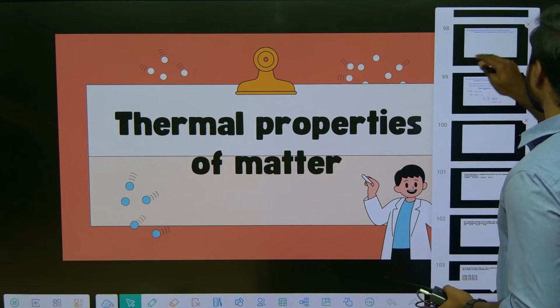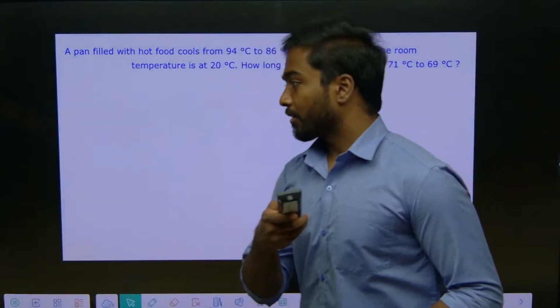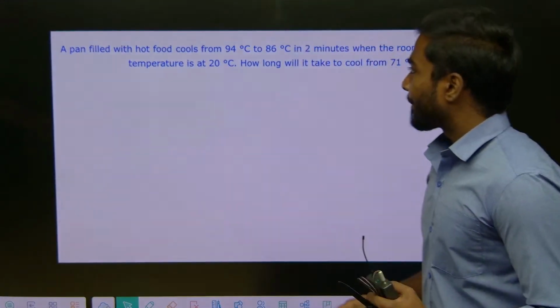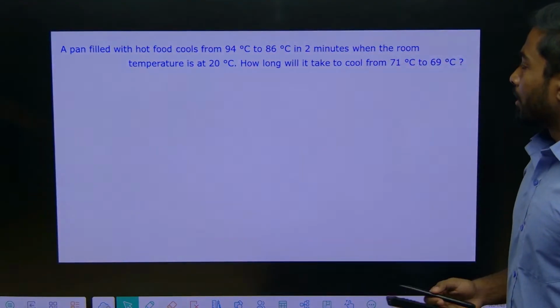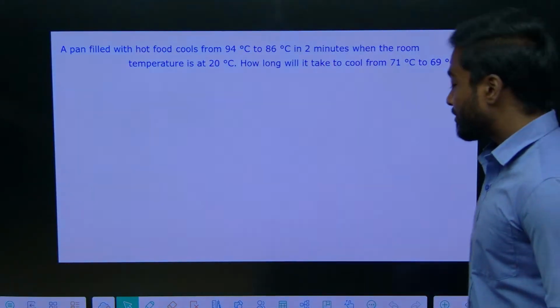The first question: a pan filled with hot food cools from 94 degrees Celsius.